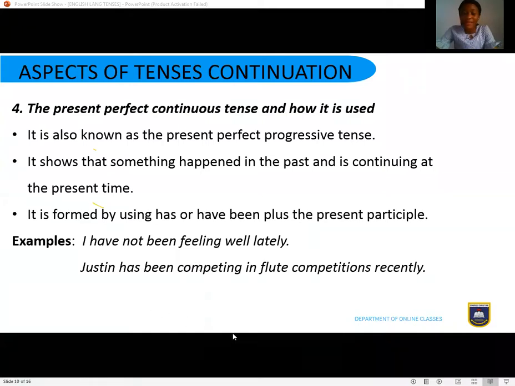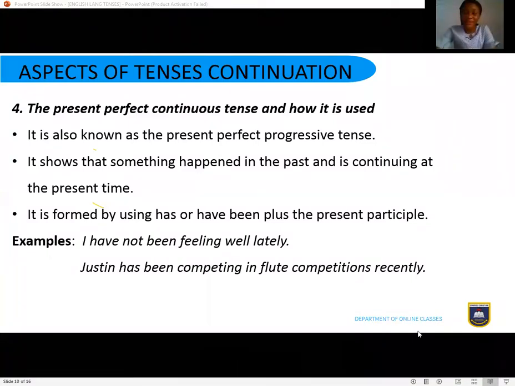Does it mean that if you add been to the present continuous, it becomes a present perfect continuous tense? Yes.